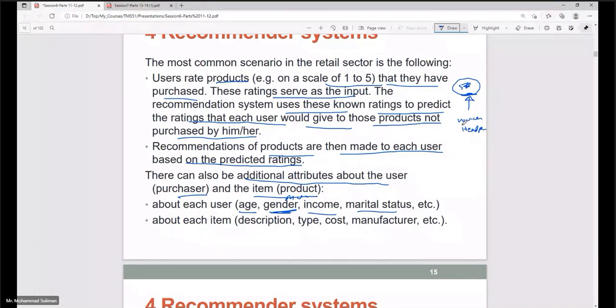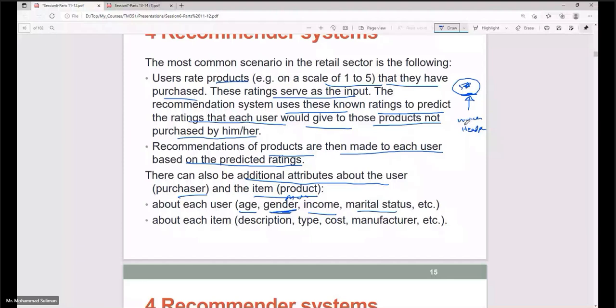It is also about the items: the item description, the type of item, the cost of the item, and the manufacturer. For example, if I am purchasing at a cost of 1,000 to 2,000, then the products recommended are within this cost range.